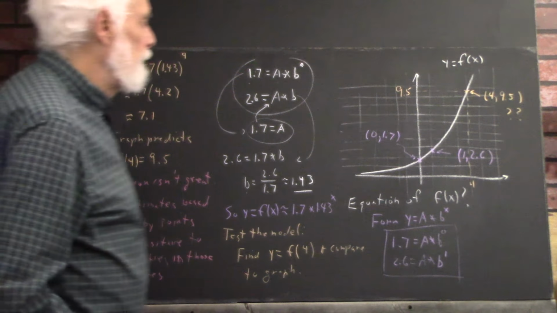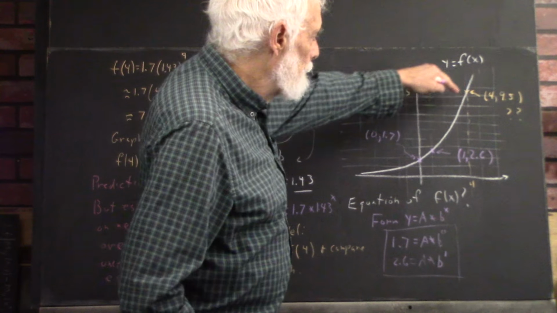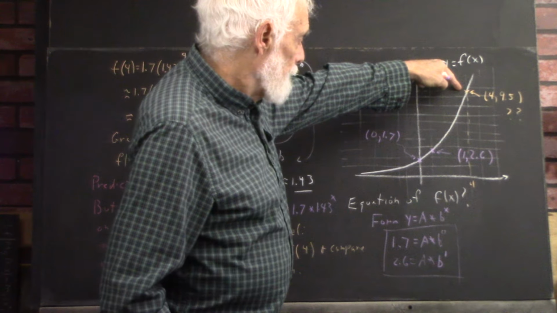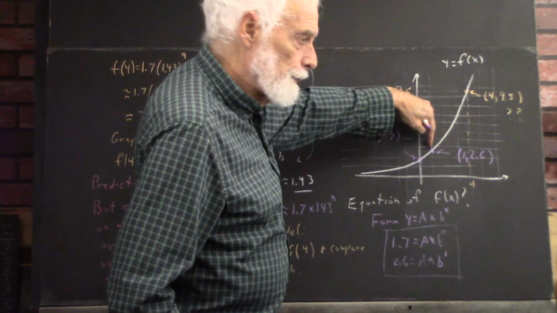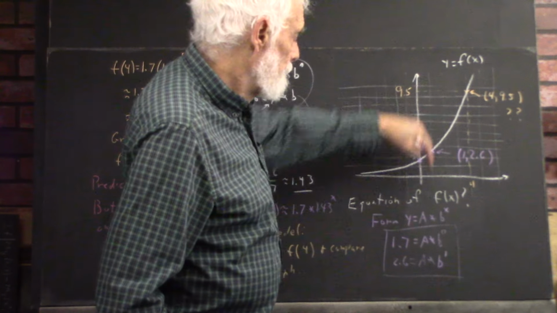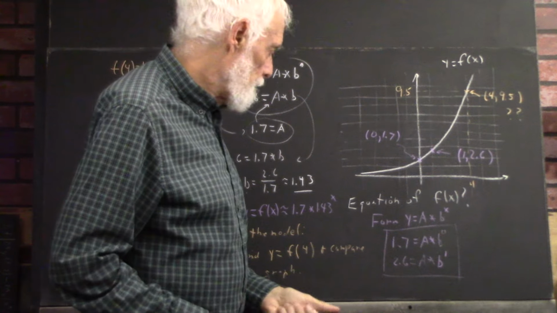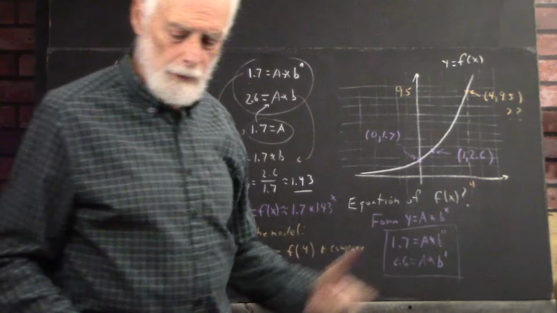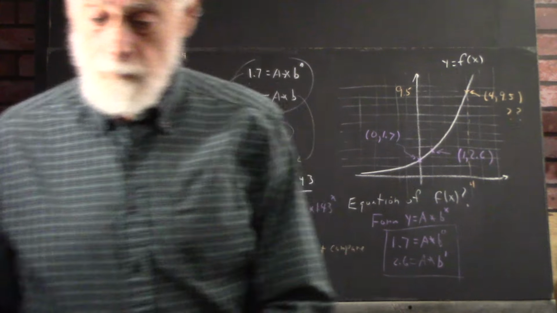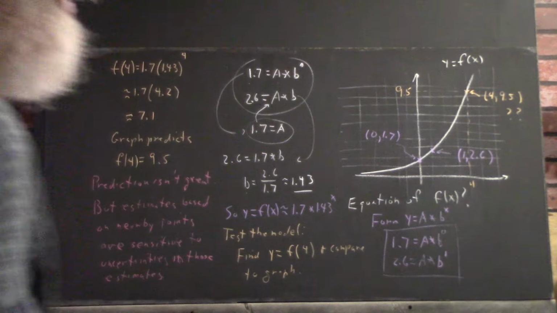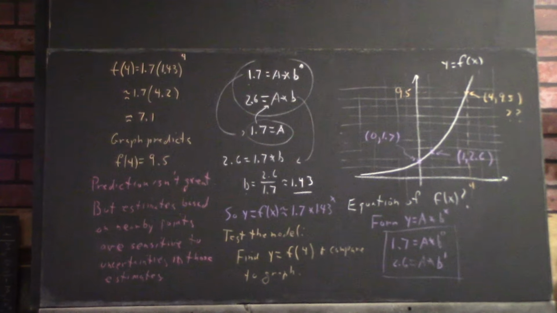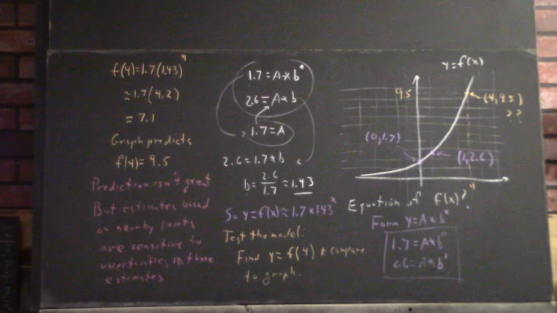If I had used the coordinates of this point and this point as a basis for the model, it probably would have given me a good estimate for this point. Okay, and that's something you could actually test, although probably aren't going to go to the trouble unless I sign it, which I might. So, anyhow, there's how we can make estimates from a graph and obtain the value or the equation of a function given its graph.